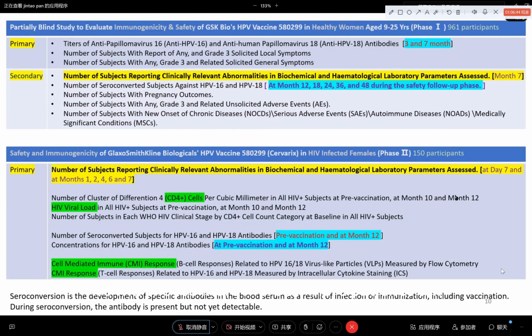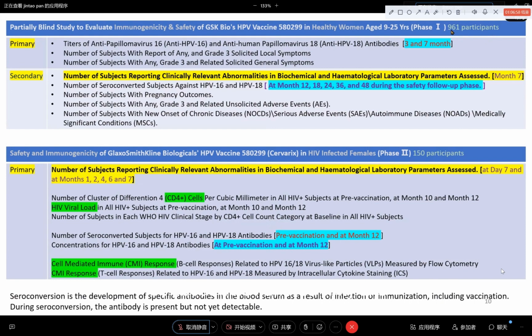Usually we will choose more patients in phase 2, but in this case, we chose more participants in phase 1.